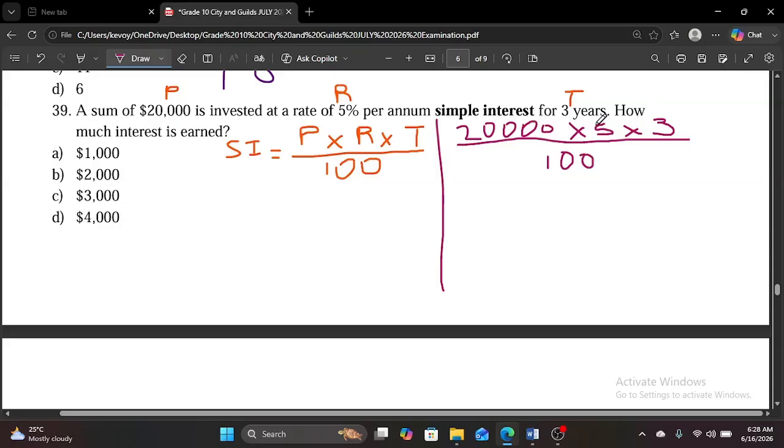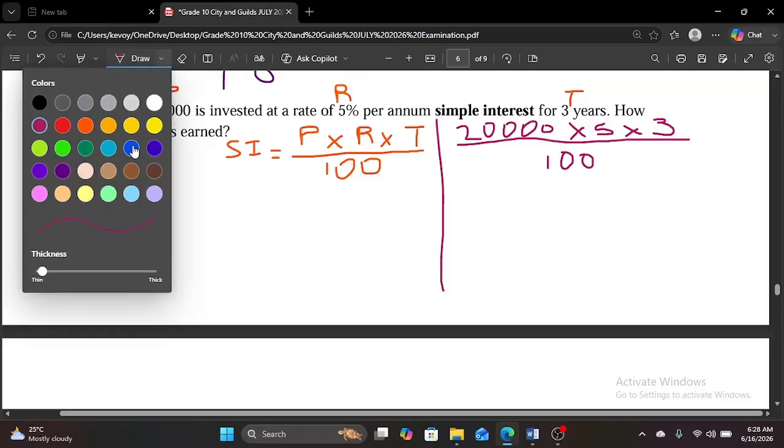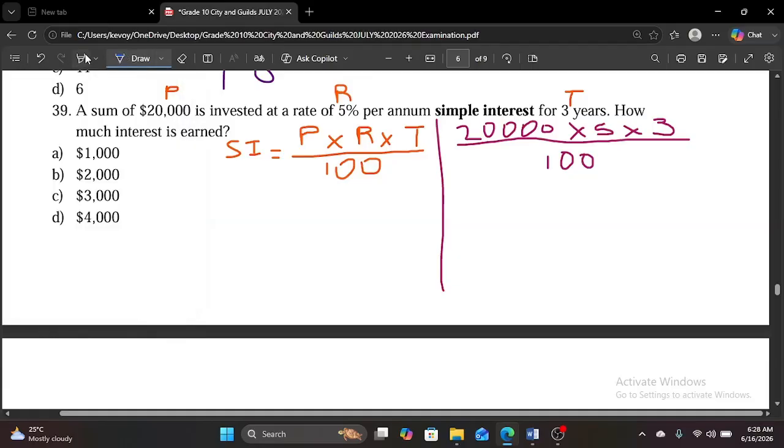All right, so let's multiply all the numbers at the top. Let's highlight the numbers at the top first. So 20,000 times 5, 5 times 2, that's going to be 10, and 10 times 3, that's going to be 30.